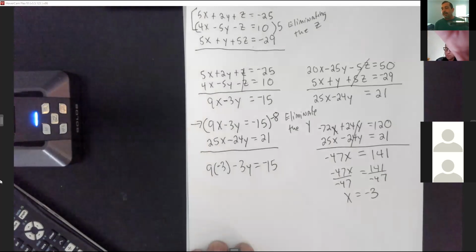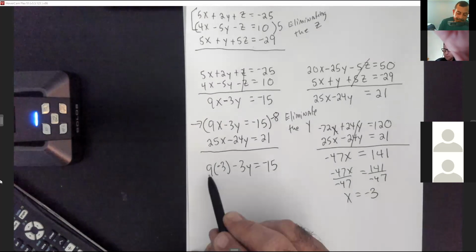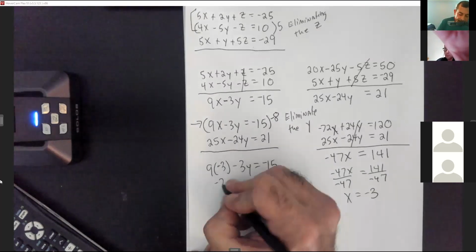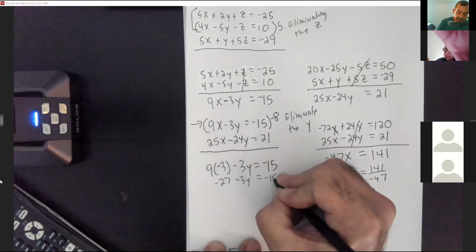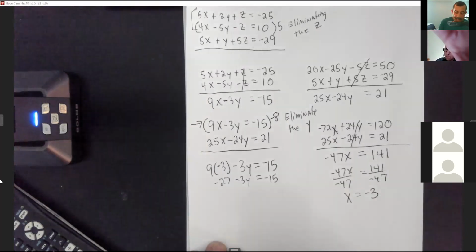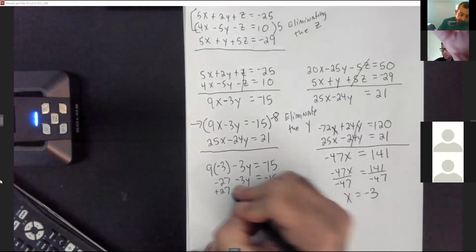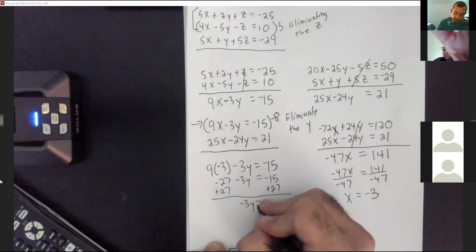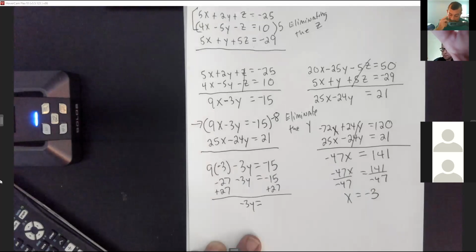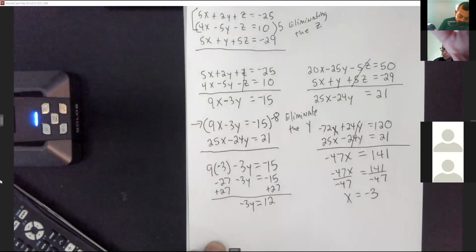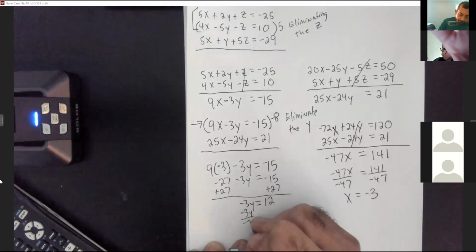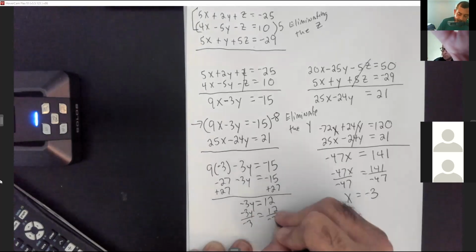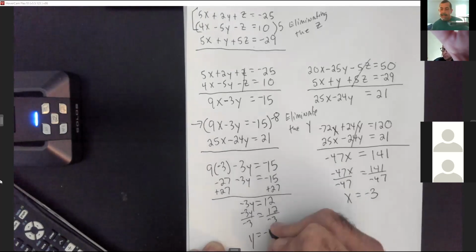And remember, at this point, you can choose any of those equations. So negative 27 minus 3y equals negative 15. I'm going to add 27 to both sides. Negative 3y equals 27 minus 15, which is 12. Divide by negative 3. So y is negative 4.